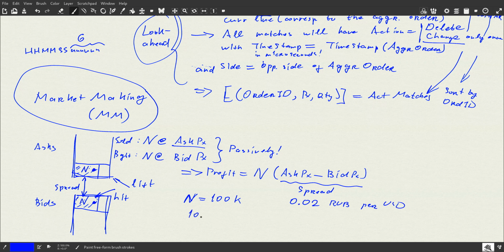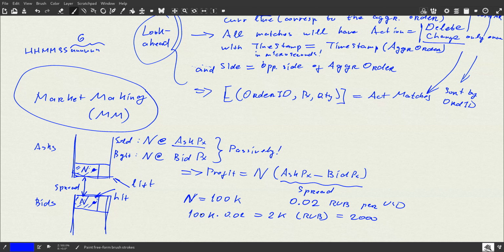So 100K multiplied by 0.02 equals 2K rubles. So each symmetric buy and sell would result in 2,000 rubles profit.